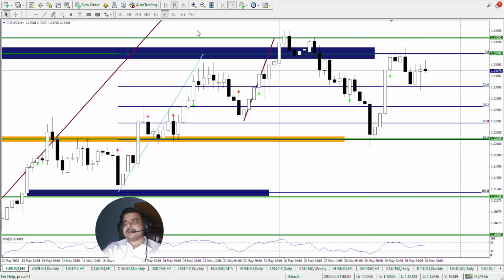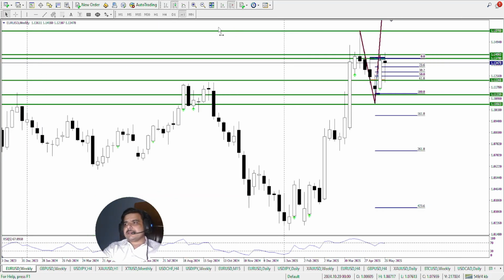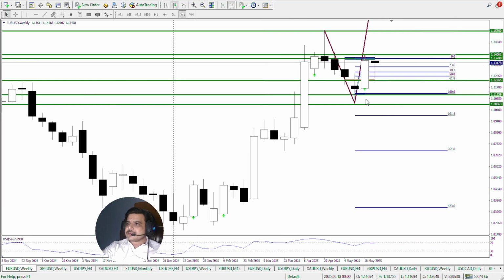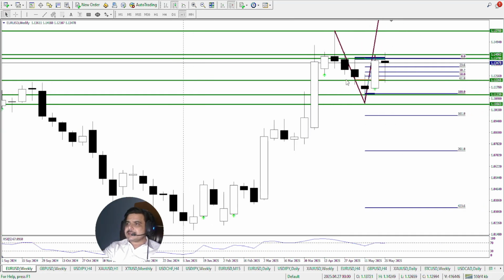Now in the upcoming week, let's have a look at this weekly candle first of all. So if we see, this weekly candle closed very nicely bullish, but the market still traded below 1.14062 and 1.1123 approximately, this zone.